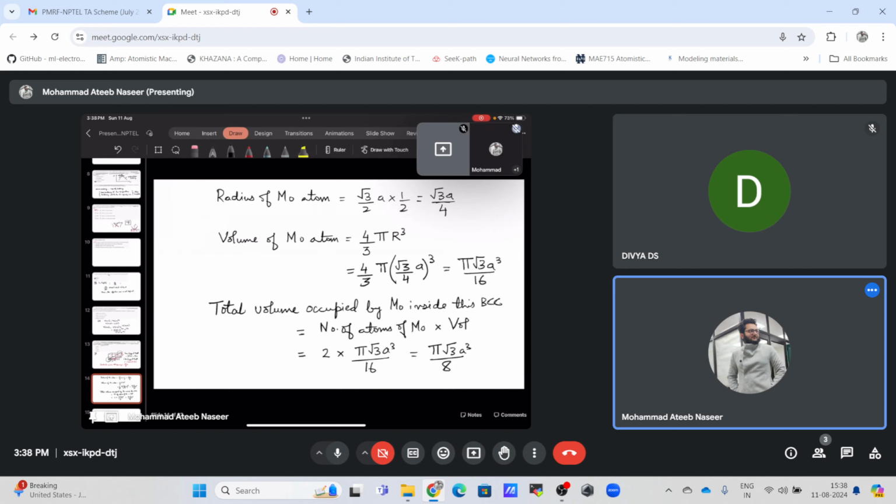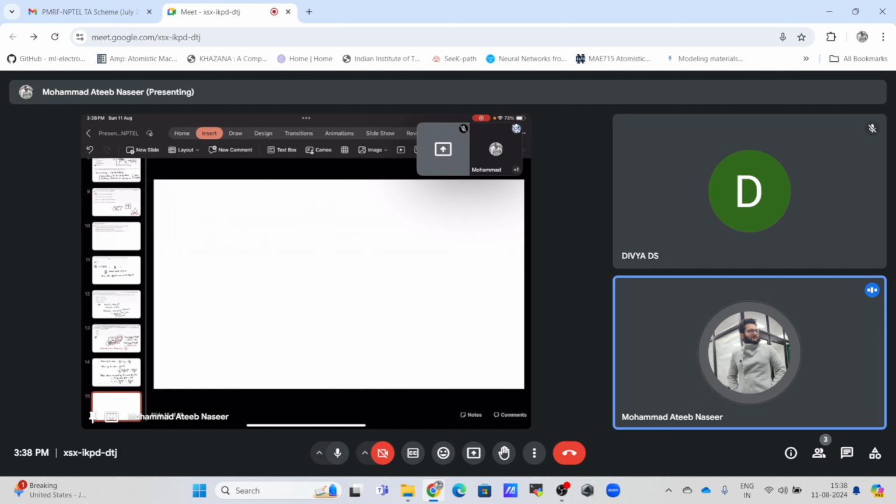Now the total volume will simply be given for this cube. The volume of the cube is a cube.